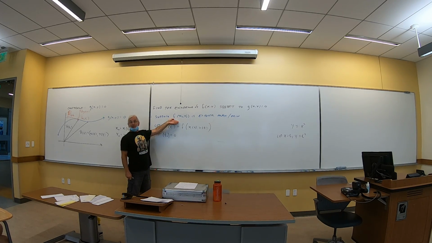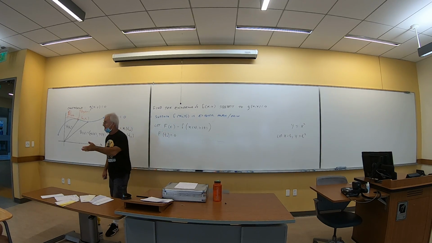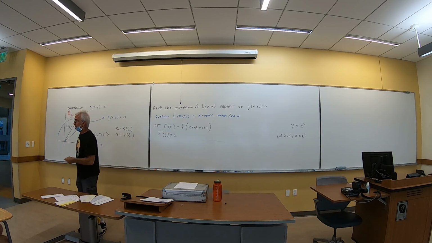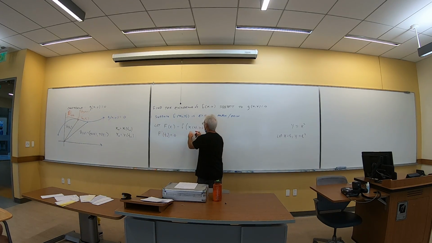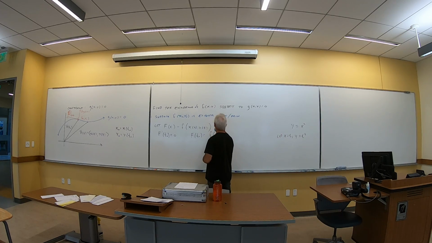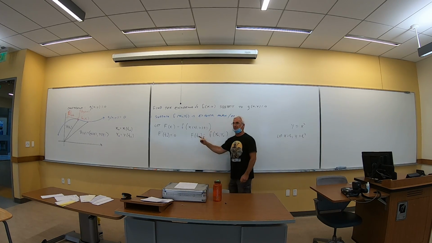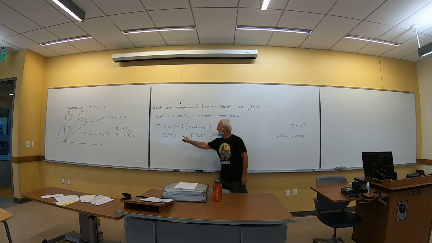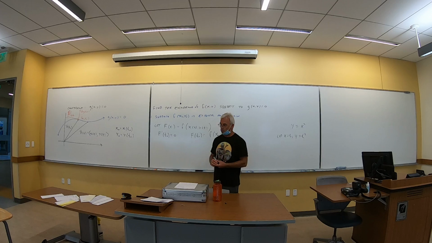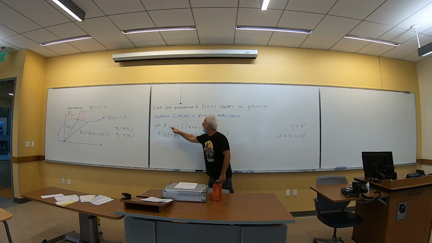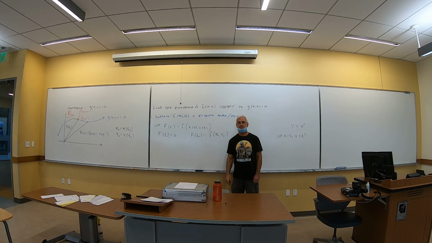Because this is an extrema. And x naught is x of t naught, y naught is y of t naught. We already said that. So F of t naught is f of x naught, y naught, using the notation we've already established. This is really important because that's where my extrema is going to occur. So in general, I want to take d dt of both sides of this. Okay?